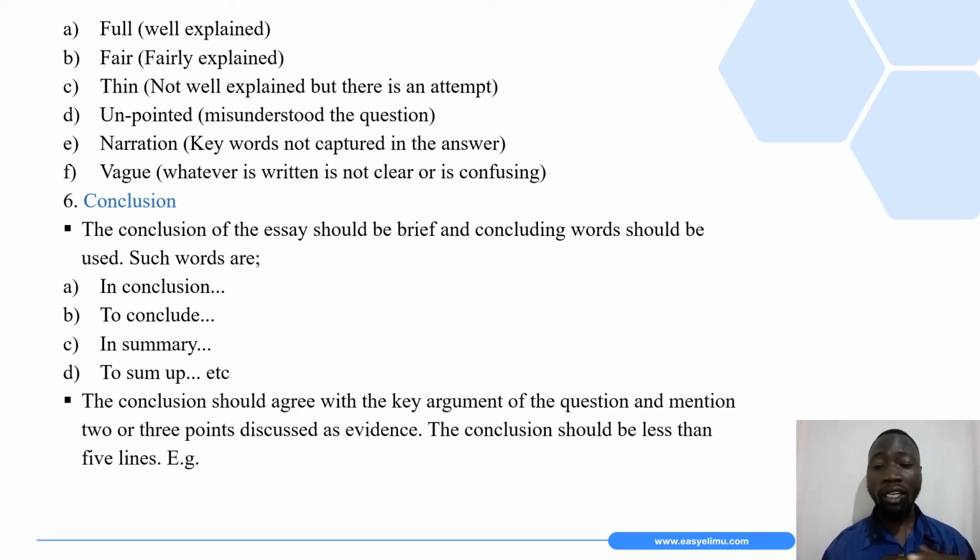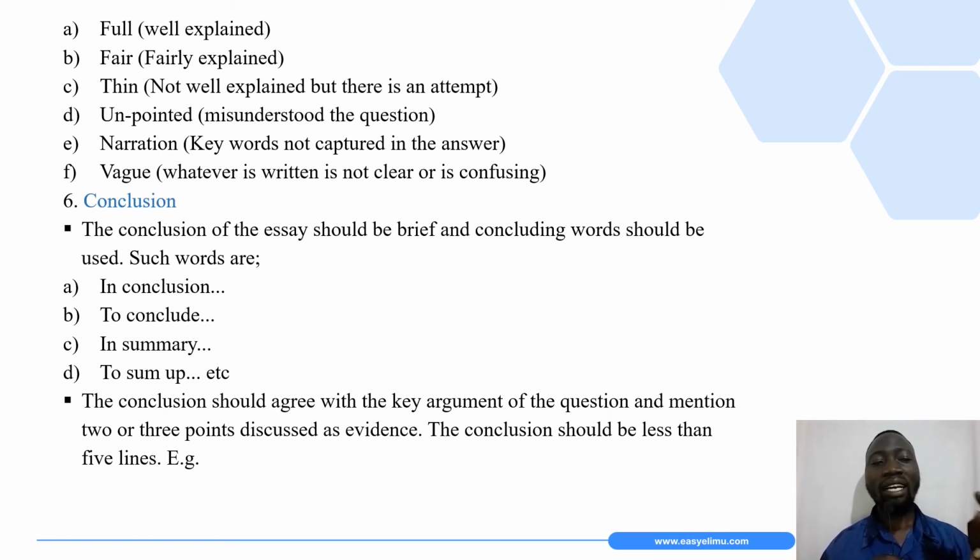So you get a full, and that is 3. Fair is when the body paragraph is fairly explained, and in that case you score 2 only in that specific paragraph. And you get a thin when your body paragraph is not well explained, but there is an attempt. So it is normally just a mark.